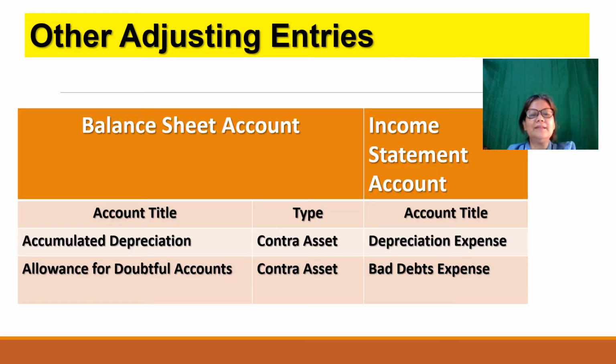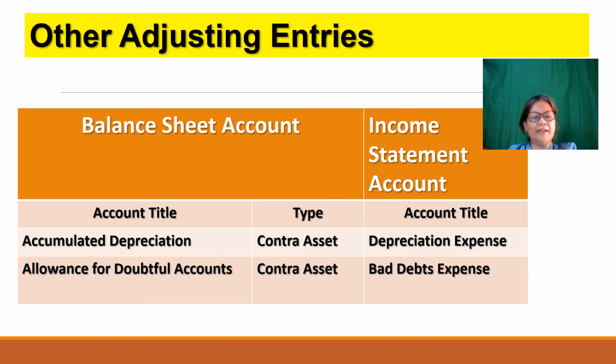Let's look at the table. So we have other adjusting entries for the balance sheet account and income statement account. Here are some of the account titles. Under the balance sheet, we have accumulated depreciation and allowance for doubtful accounts. What are these? These are contra asset accounts.